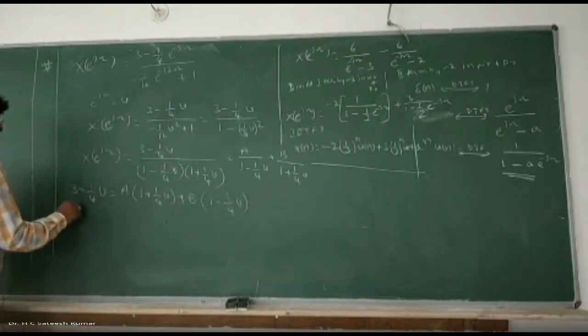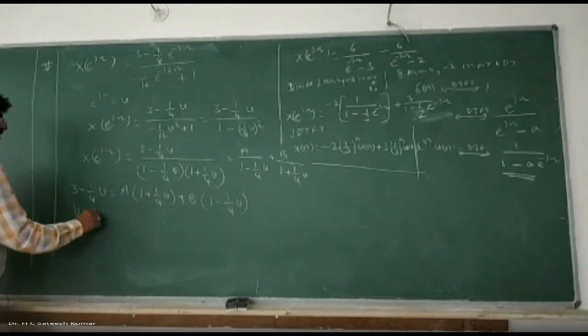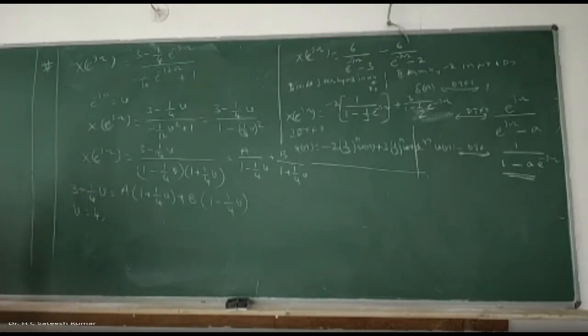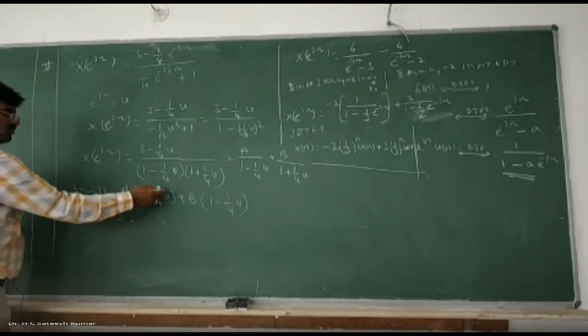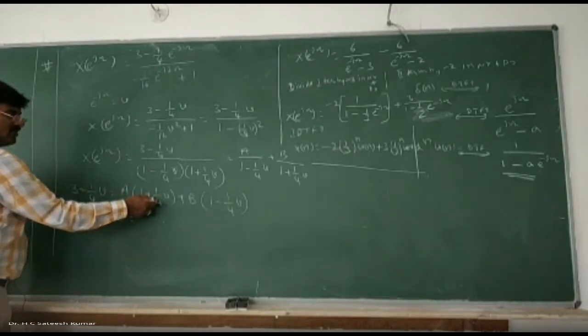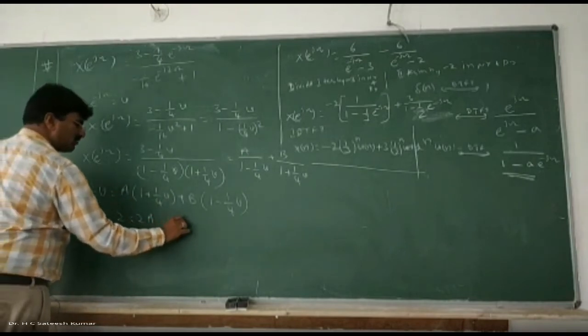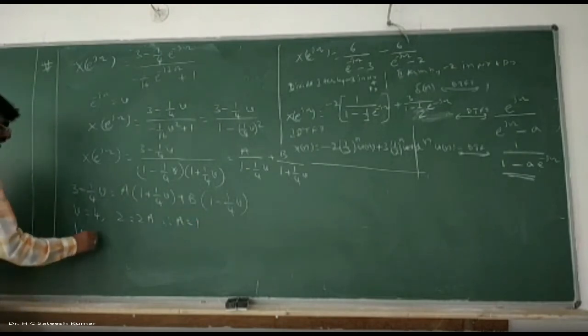Put v is equal to 4. If you put v is equal to 4, the 4 gets cancelled. 3 minus 1, 2 you will get. 2 is equal to, 4 gets cancelled, 1 plus 1 is 2a. Therefore, a is equal to 1. Put v is equal to minus 4.